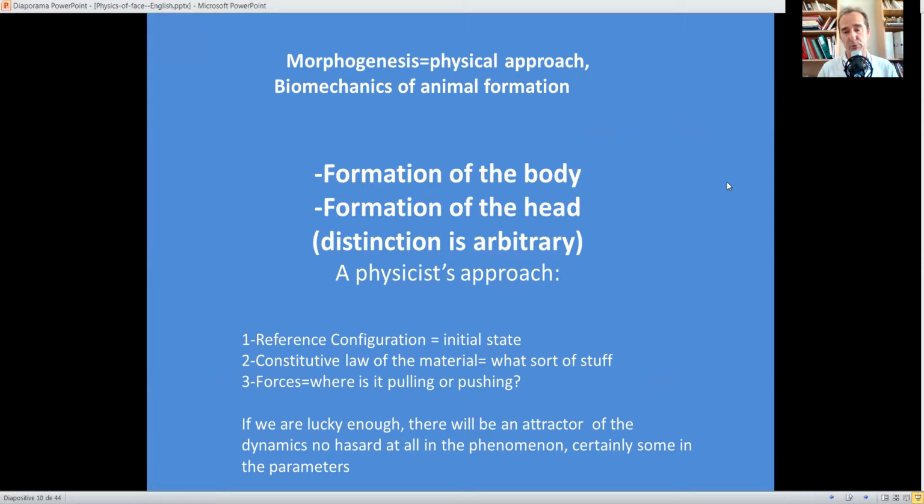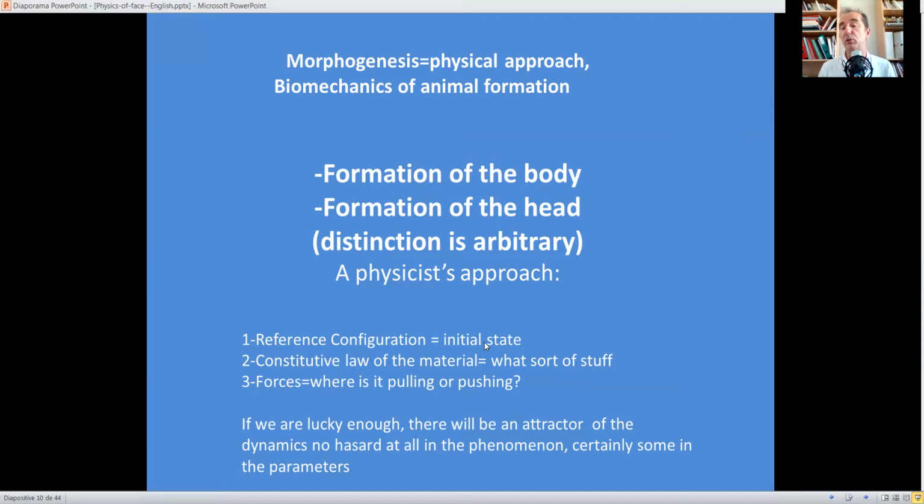From a physicist's point of view, if you want to address the problem physically, you need to find a reference configuration, the initial state. In fact, as you will see, the formation of an embryo is some sort of viscous flow. It's like a paste which becomes an embryo. So where do you start? You need a reference configuration.